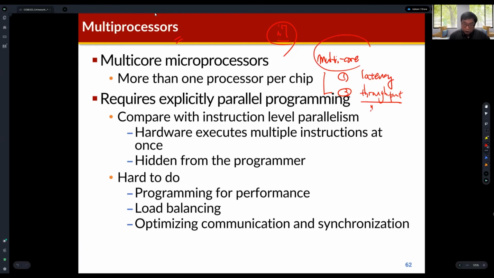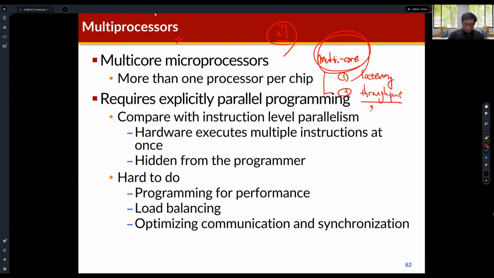So why do we use multi-core CPUs? Actually, we cannot develop better single-core CPUs because of power, but we want better CPUs.